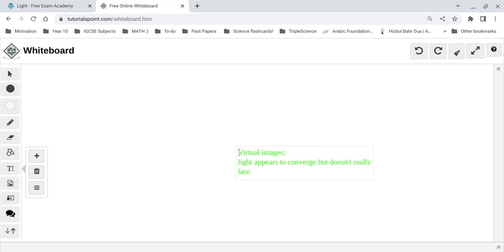We also know that it's laterally inverted, right? So things are mirrored. Same distance from the mirror as the object, same size as the object, right?